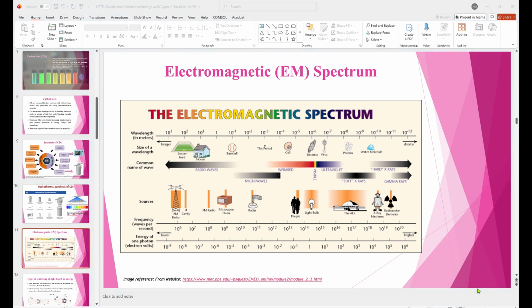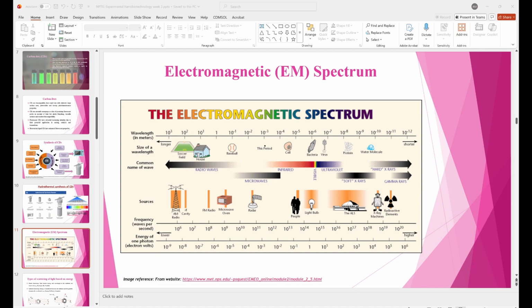So the electromagnetic spectrum, or EM spectrum: when the wavelength is shorter, you have gamma rays, then x-rays, hard x-rays, soft x-rays. Then slowly with increase in wavelength, you go to UV, then visible, then infrared, microwaves, and then radio waves. So these are the names of the waves with increasing wavelength.